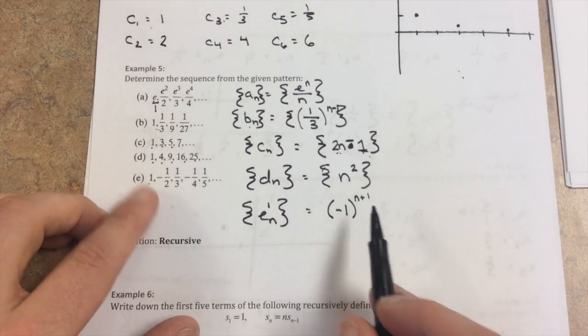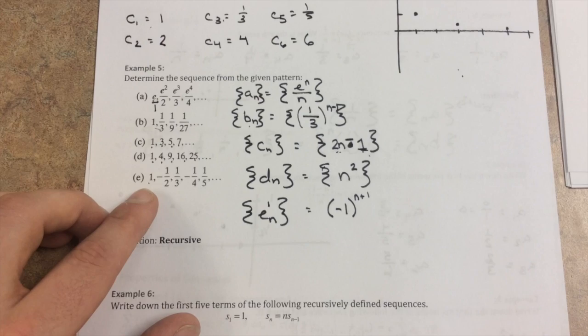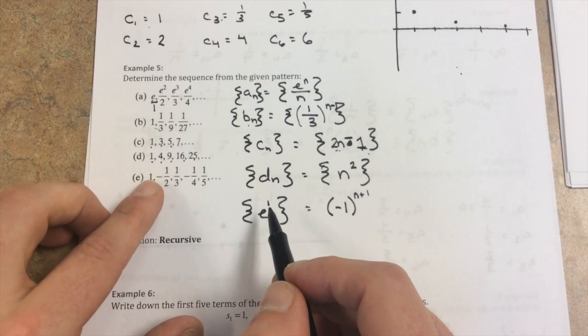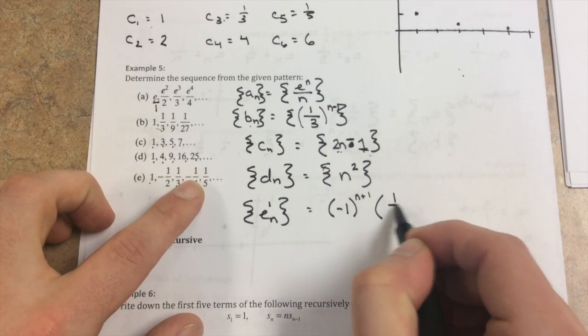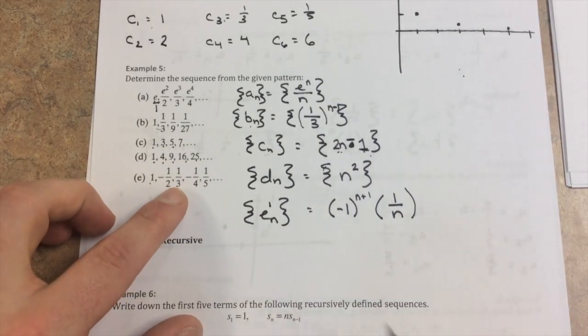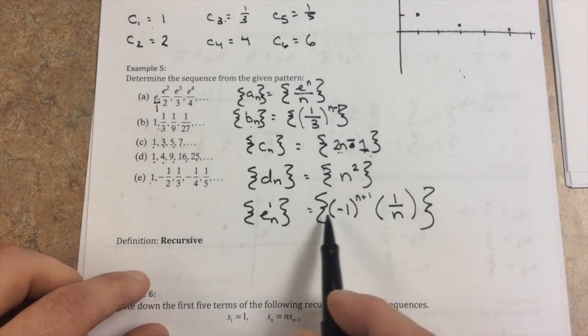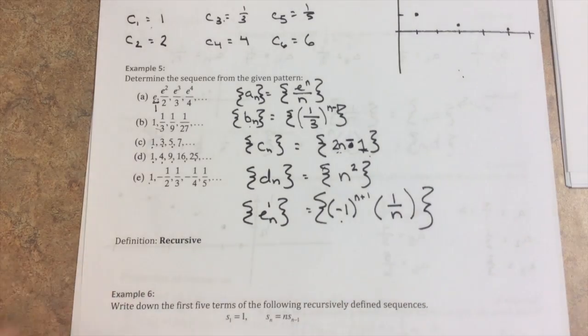If it was just n, our first term would be odd, which means it would be negative. Then, how do we get this? Well, this is 1 over 1, 1 over 2, 1 over 3, 1 over 4, 1 over 5. So that's 1 over n. So our sequence of numbers is just negative 1 to the n plus 1 times 1 over n.